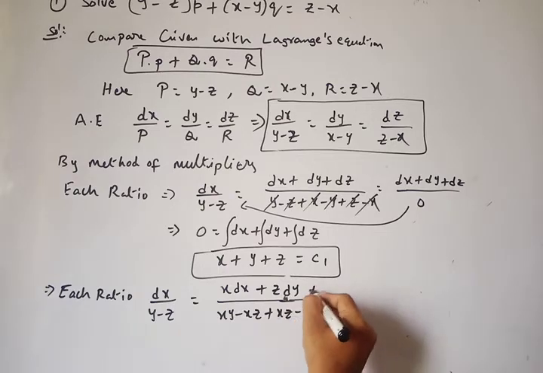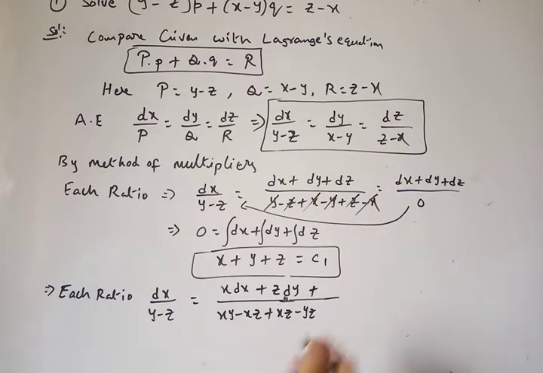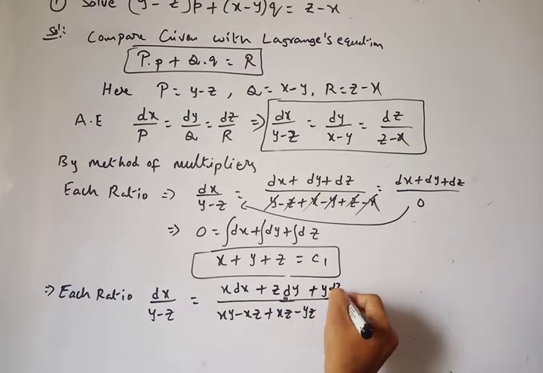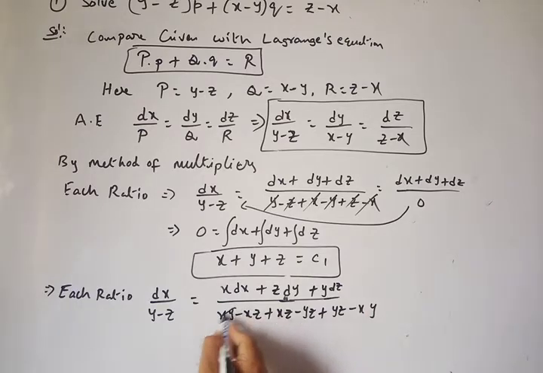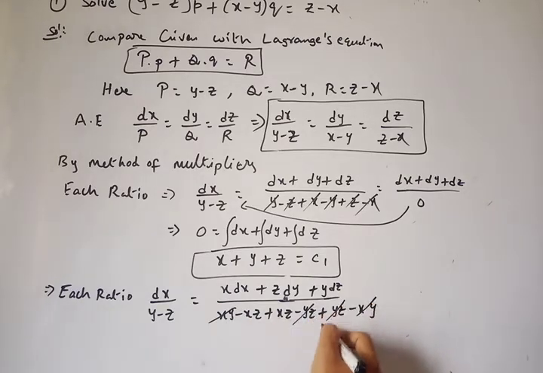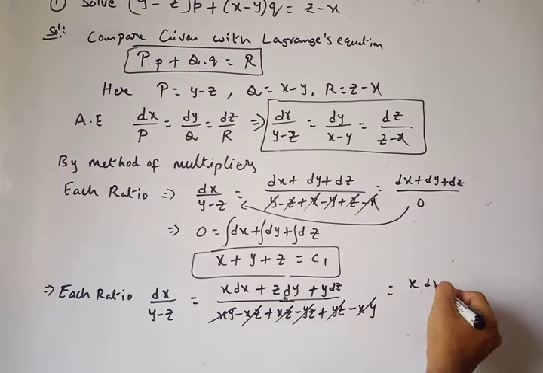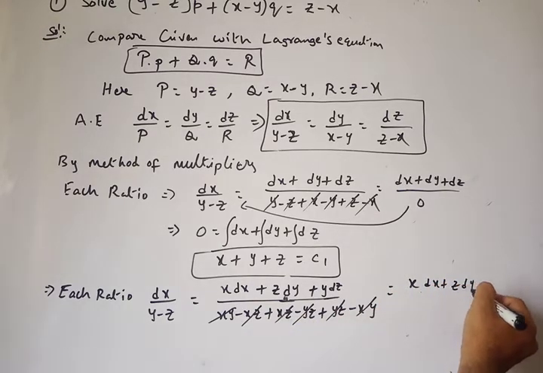Then the third one by y, so y dz, yz minus xy. See whether we got all zeros: xy minus xy got cancelled, minus yz plus yz, minus xz plus xz got cancelled. So x dx plus z dy plus y dz by 0.